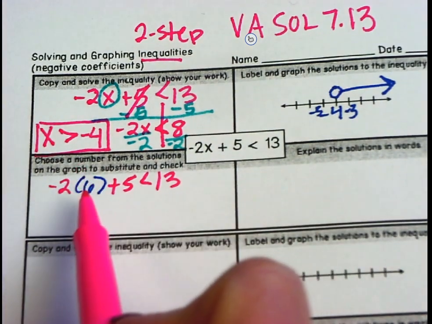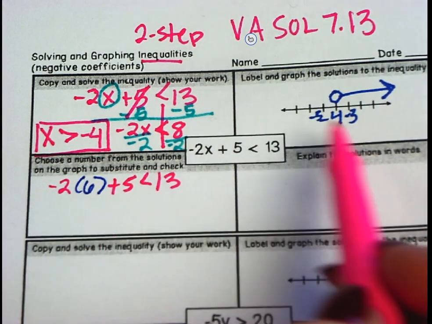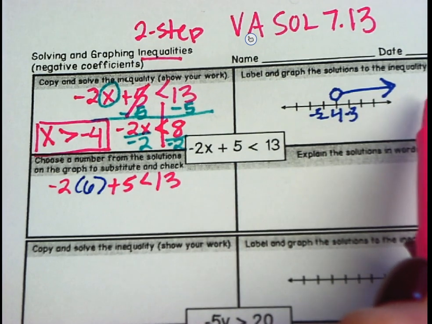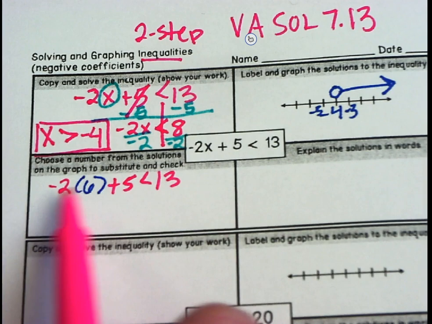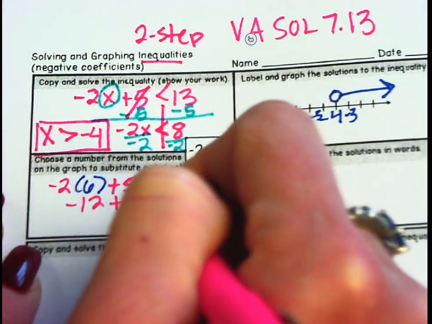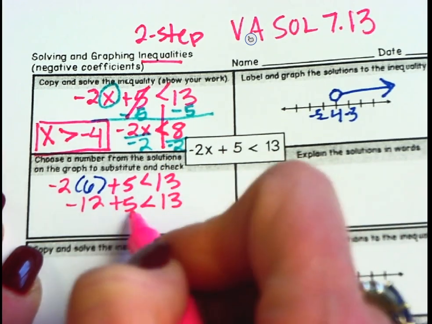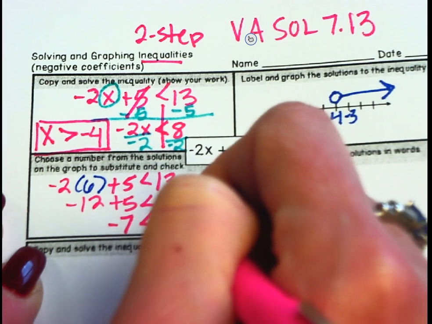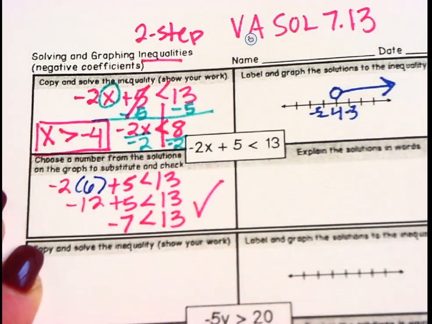So this 6 is just a number I got from my graph because I know that 6 is greater than negative 4. So negative 2 times 6 is negative 12 plus 5 is less than 13. Negative 12 plus 5 is negative 7. Negative 7 is less than 13, so it checks.